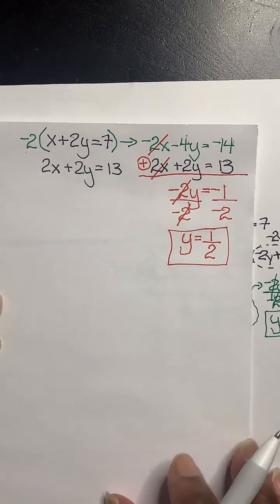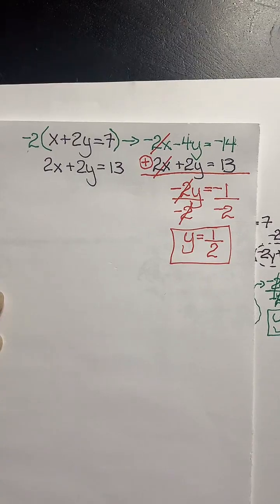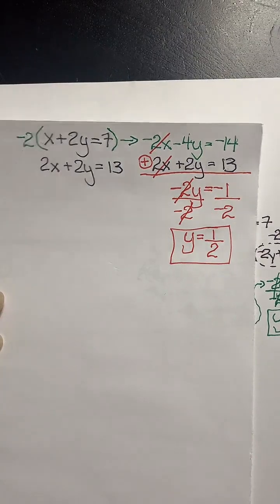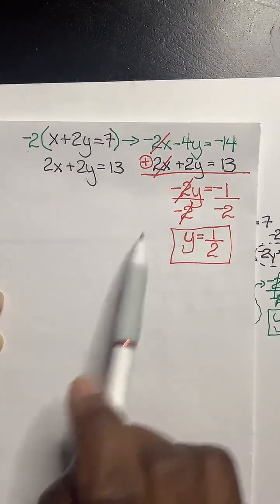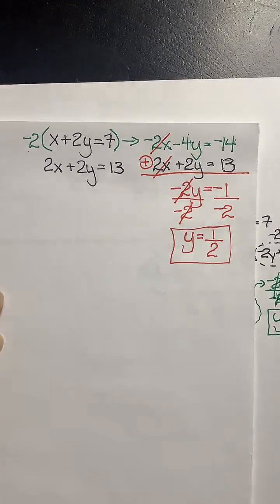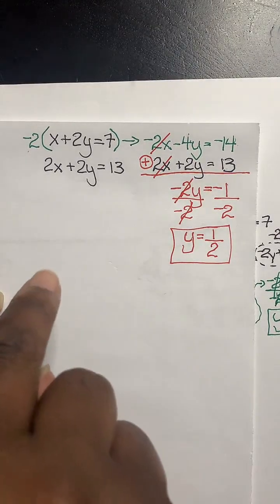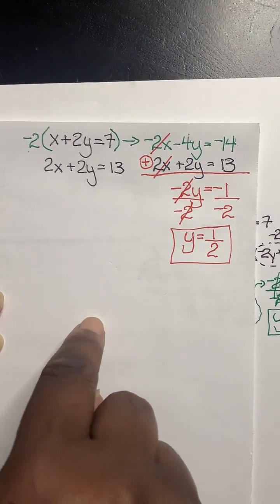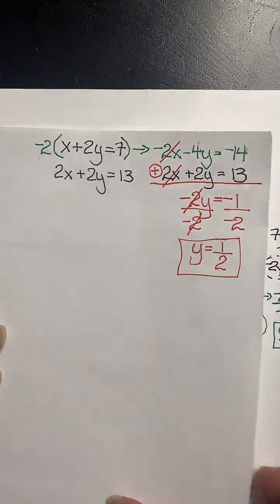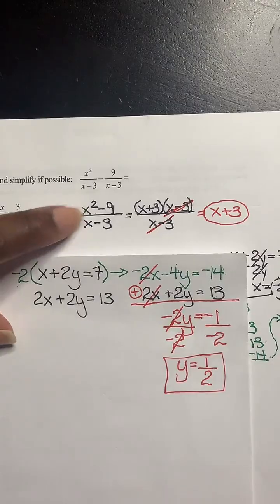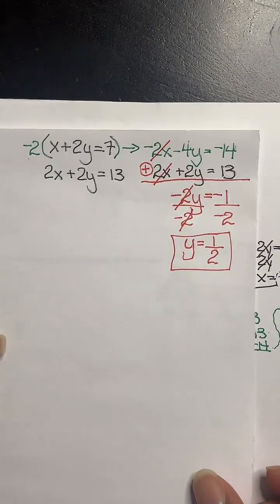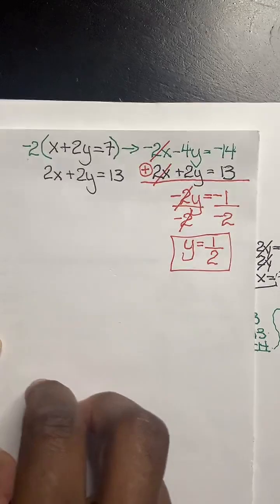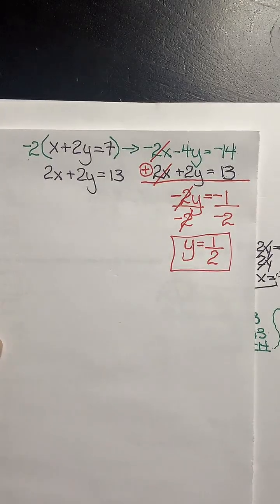Okay? So this is what I'm going to say to you, especially with system of equations. On the GED, you need to do at least one of these because system of equations is a 4-point question. If you can do something with slope, equation of the line, system of equations, even factoring, if you get a couple of those correct and you do a very good job with the basic math, you will pass the GED.